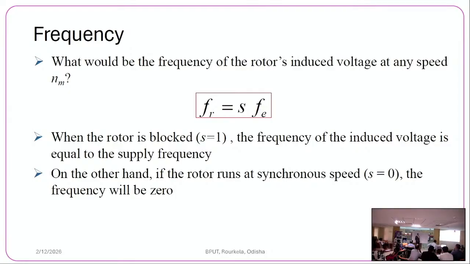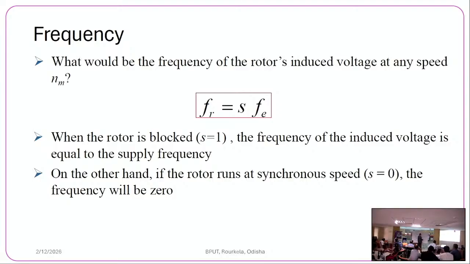Omega S is 2 pi Ns by 60. Ns is the speed in revolutions per minute. Divided by 60 is revolutions per second. One revolution is 2 pi radian, so this is radians per second.